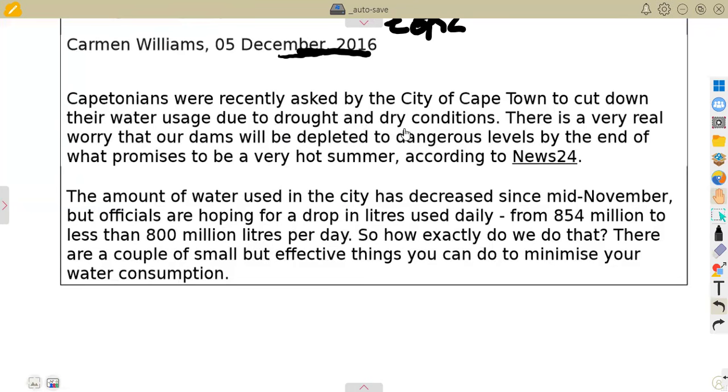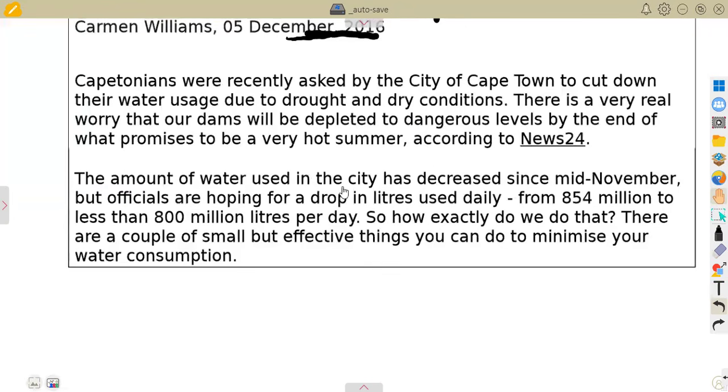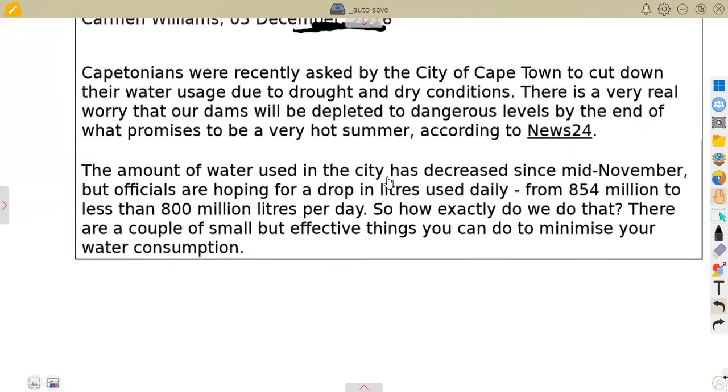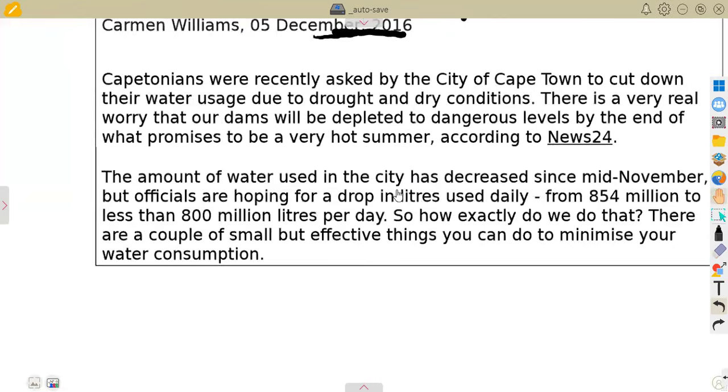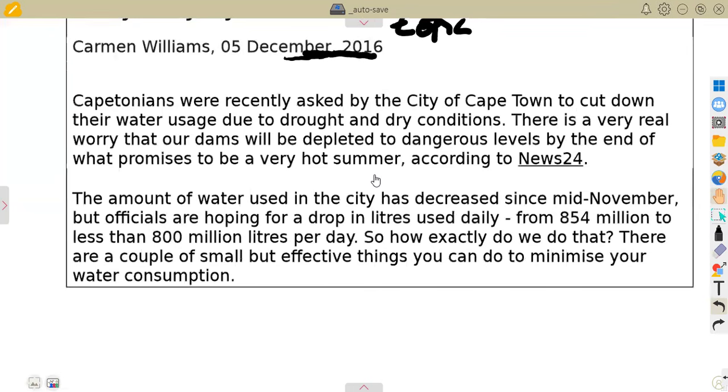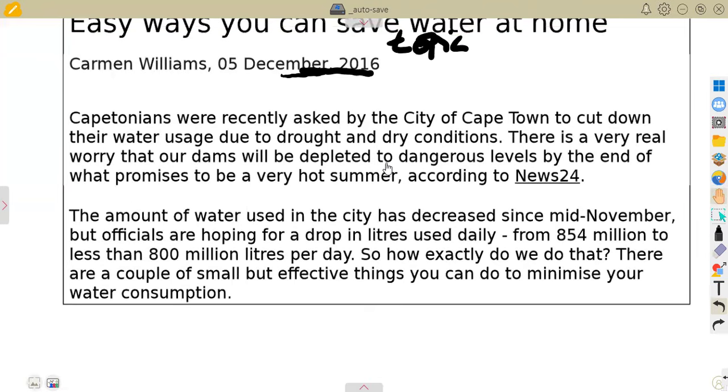There is a very real worry that our dams will be depleted to dangerous levels by the end of what promises to be a very hot summer, according to News 24. So already we can conclude that this was not just a theory, but a fact because of News 24.